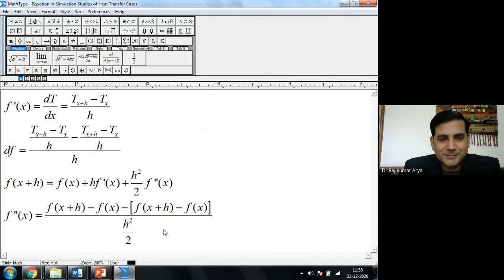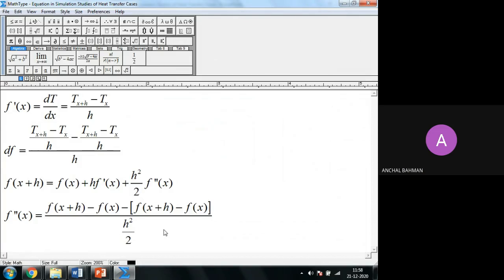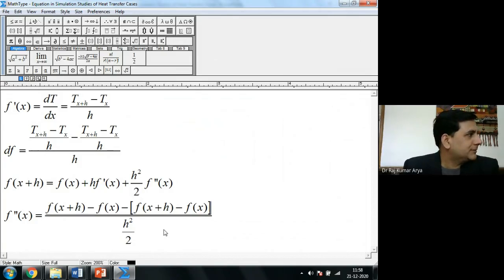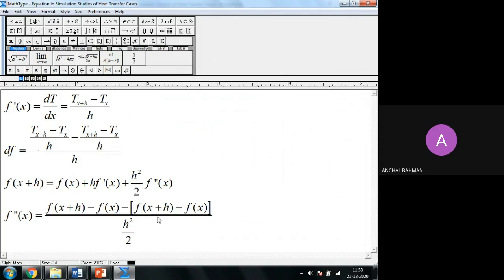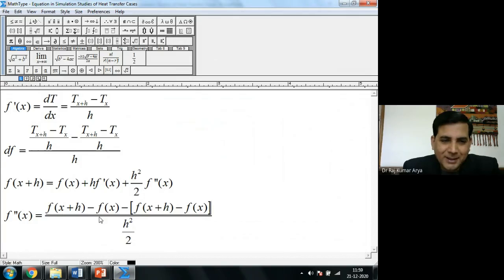Sir, we can write the Taylor series expansion for f of x minus h, and then by adding them, we can find out the value of f double dash x. So we can write the Taylor series expansion for f of x minus h as well, up to two derivatives.